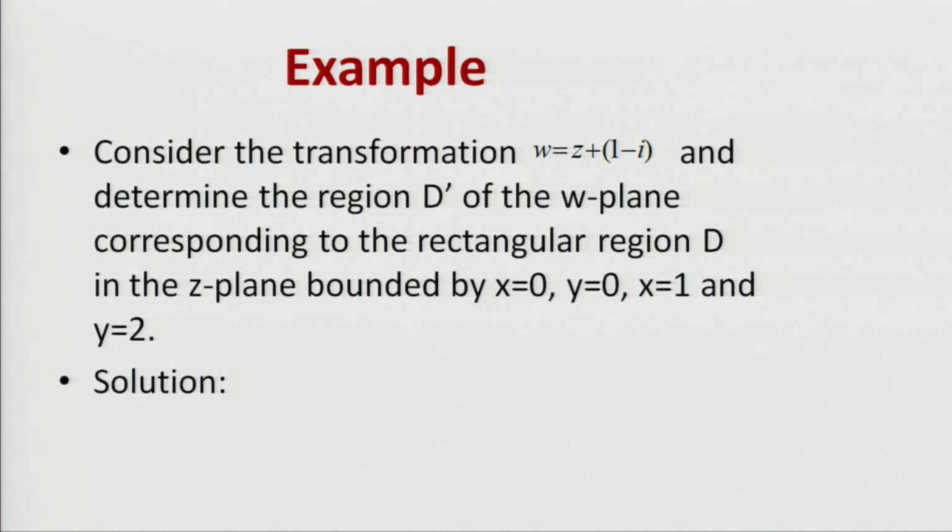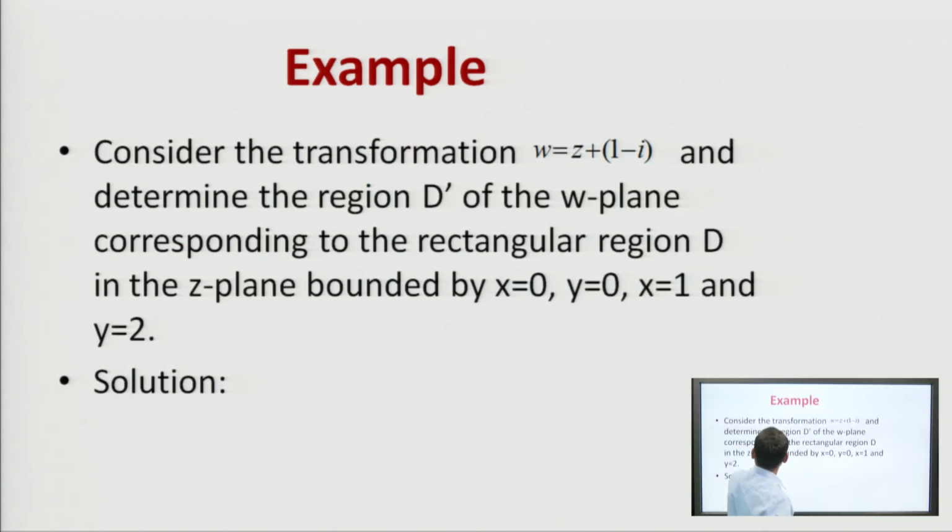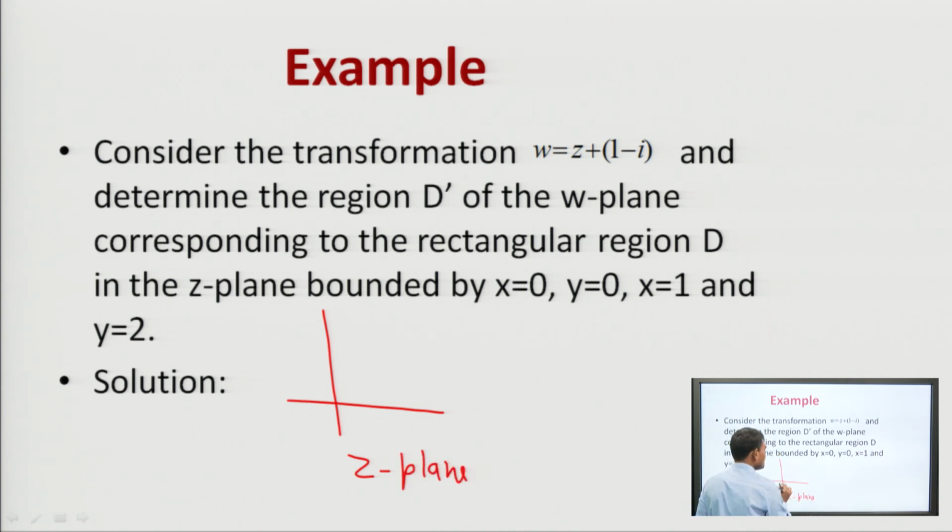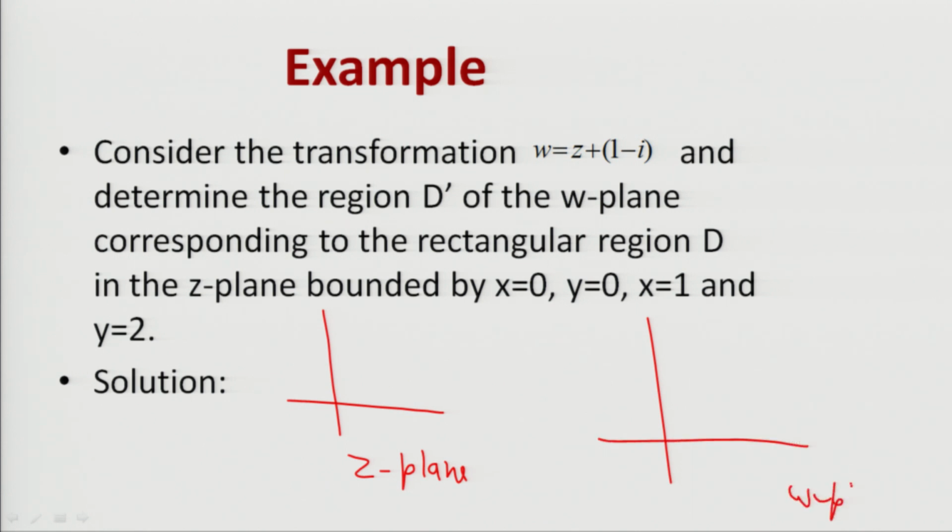For example, consider the transformation w = z + 1 - i. Let us discuss it. We have taken two planes, first the z plane and second the w plane, and here the region is a rectangle.